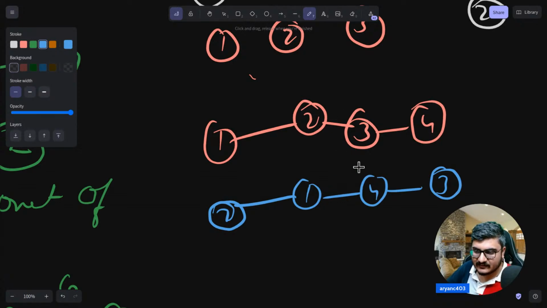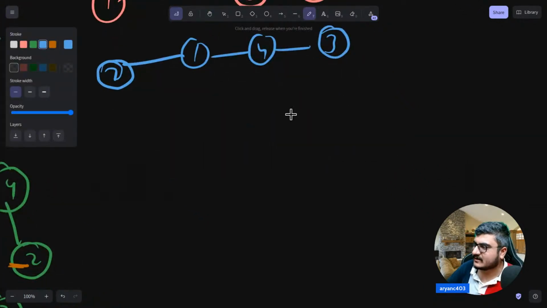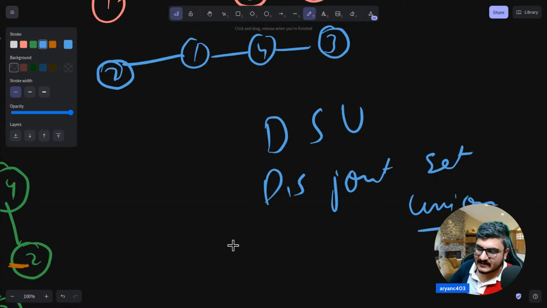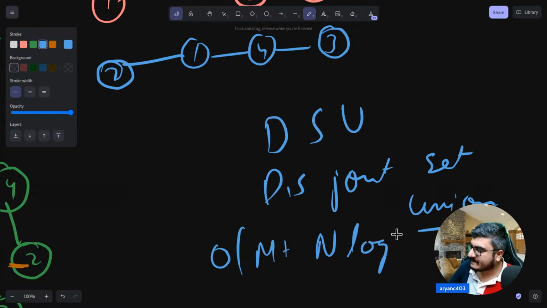No, here we don't check paths from each node. Generally, DSU is a data structure, disjoint set union. If you keep adding edges, it can give you a time complexity of n plus n log n.